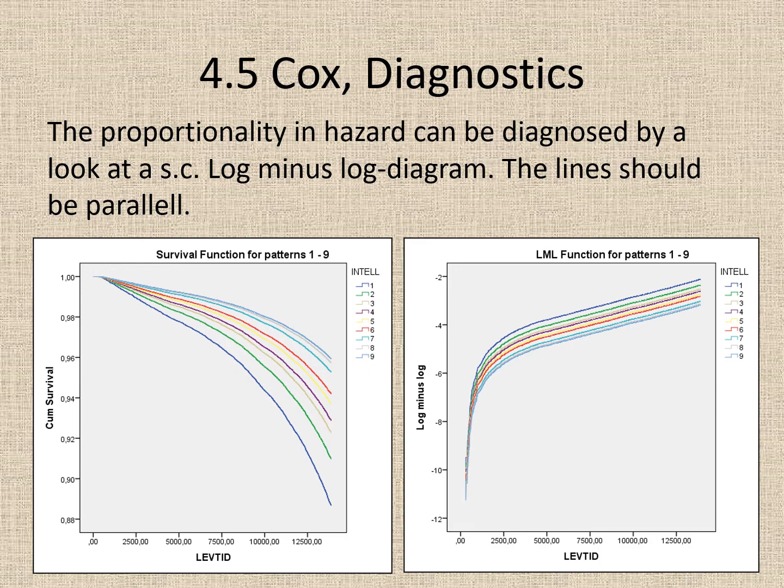You see? While in the same time period of those with the lowest, 2% have died. After 10,000 days, 6% in that group have died, 2% in that group. So of course this gives an indication of how the survival looks in the different groups.